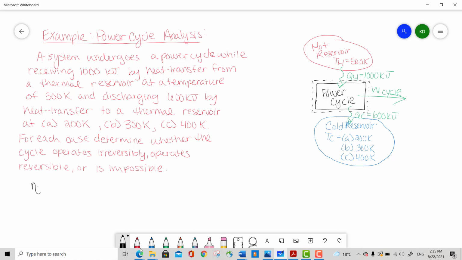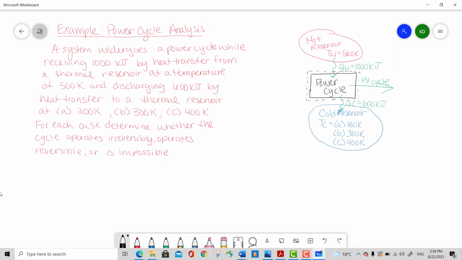So again, we need to determine the nature of the cycle, comparing the actual cycle performance, which is N, not to be confused with N for polytropic, with N max, which is the maximum theoretical cycle performance. There you go.